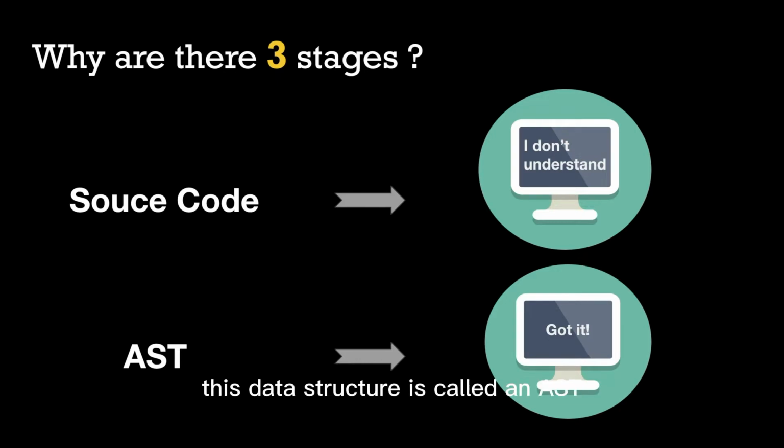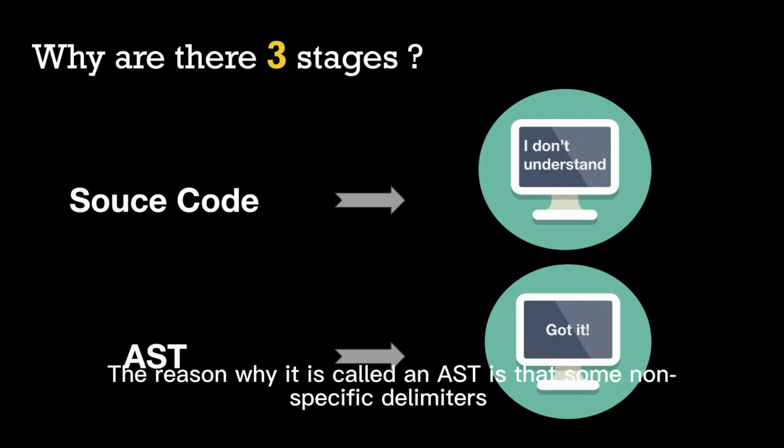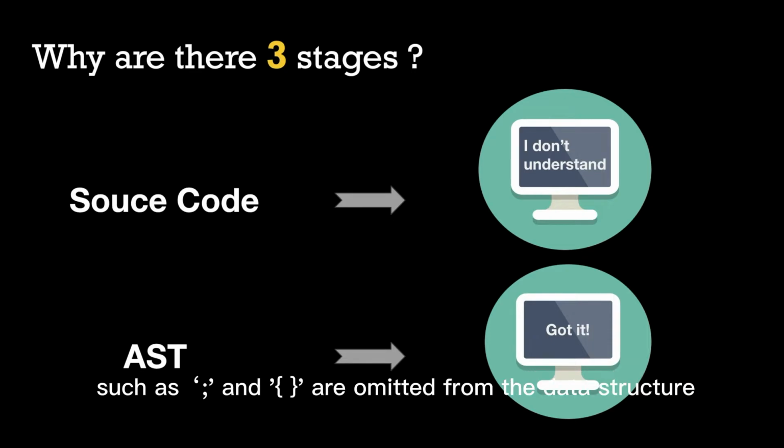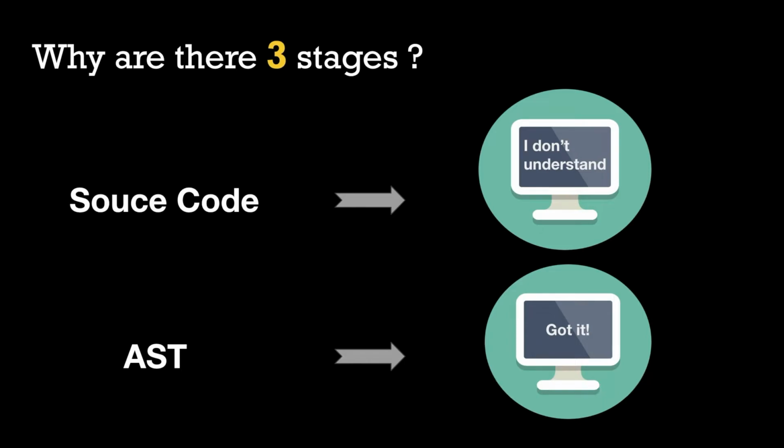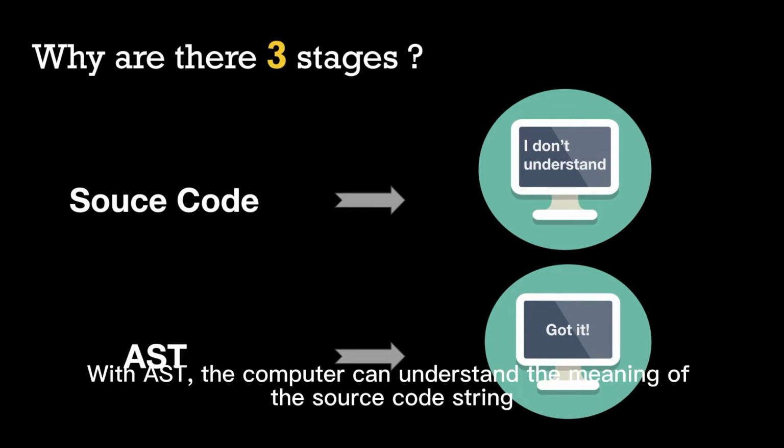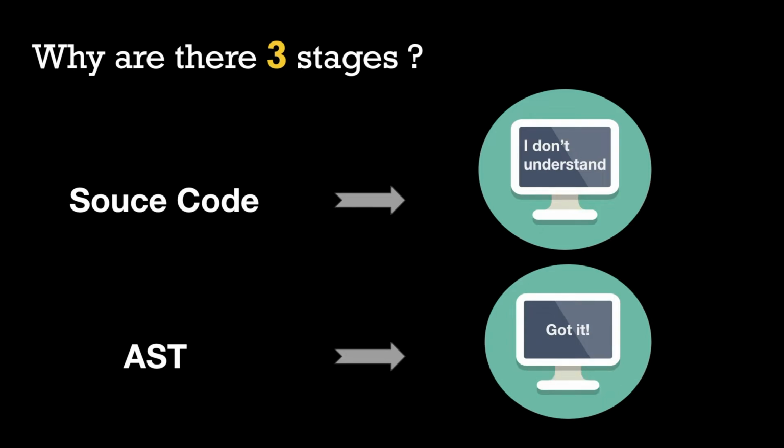This data structure is called an AST. The reason it is called an AST is that some non-specific delimiters such as semicolons and open-close curly brackets are omitted from the data structure. And with the AST, the computer can understand the meaning of the source code string. Then you can move on to conversion.